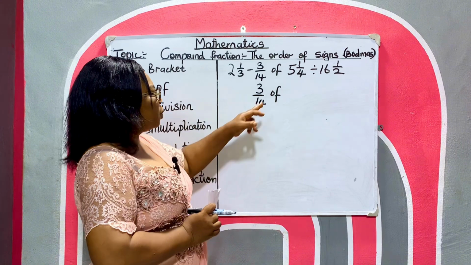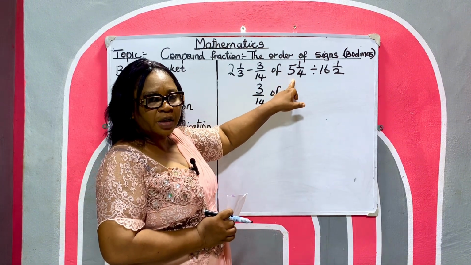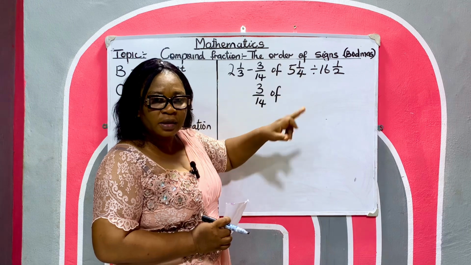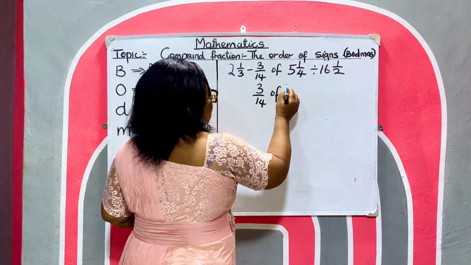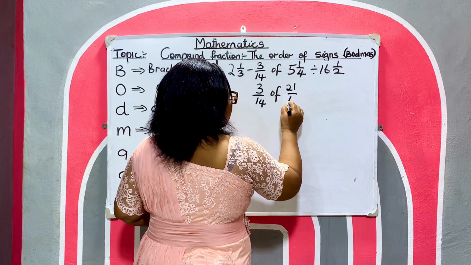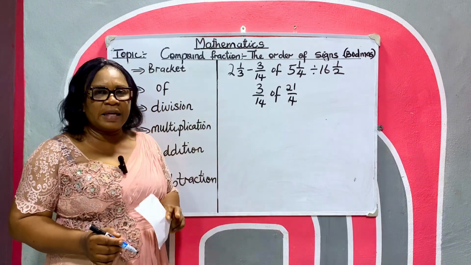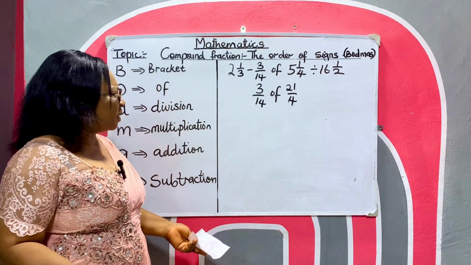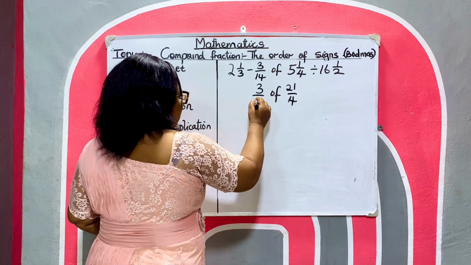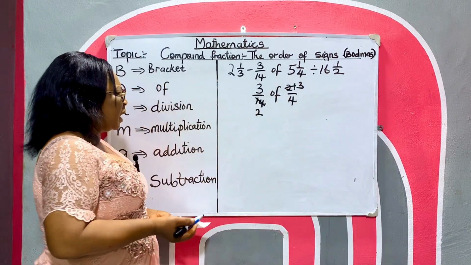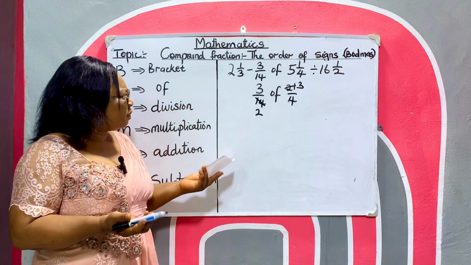Look, you have to change this to improper fraction. 4 times 5 is 20. 20 plus 1 is 21. You see? And you look for what to divide up and divide down. What can divide up and divide down? 7. 7 here, 2. 7 here, 3. You check again. Is there anything that can divide up and divide down?